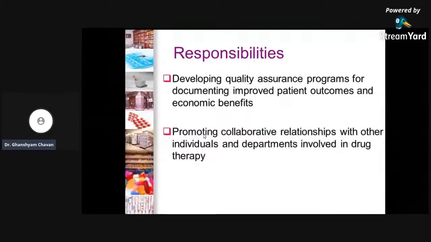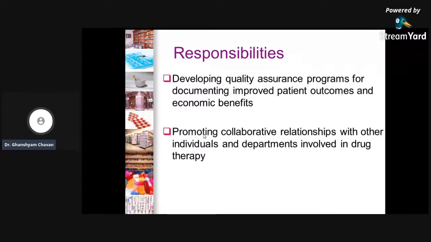Whatever money we are investing into a clinical trial, we are investing crores of money into one clinical trial, and if we get nothing, it means we are wasting our money. So it should not happen.